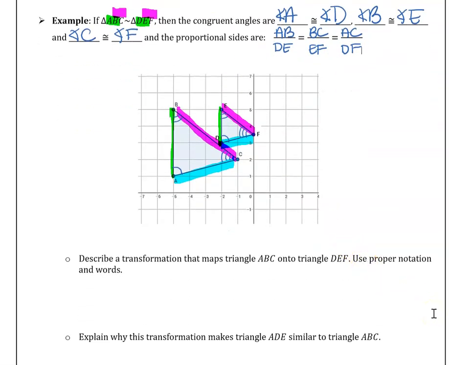All right, so describe in words a transformation that maps ABC onto DEF. Use proper notation in words. Well, obviously there must be a dilation happening, which is what we discussed last unit with our scale drawings.